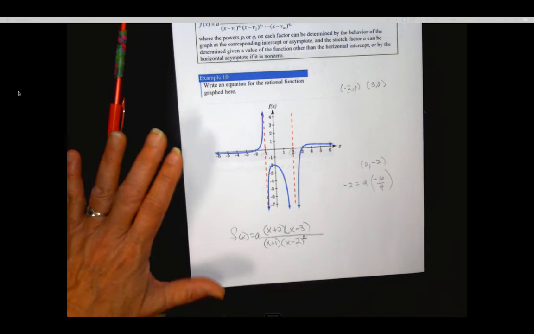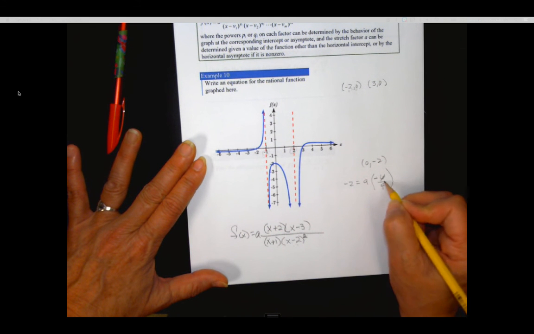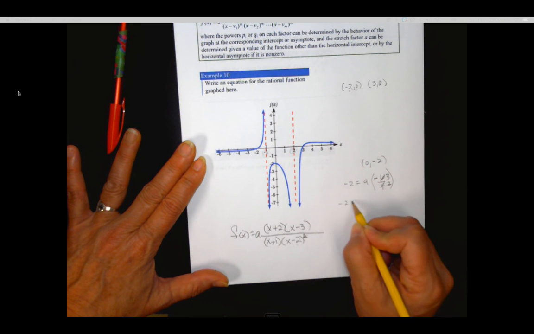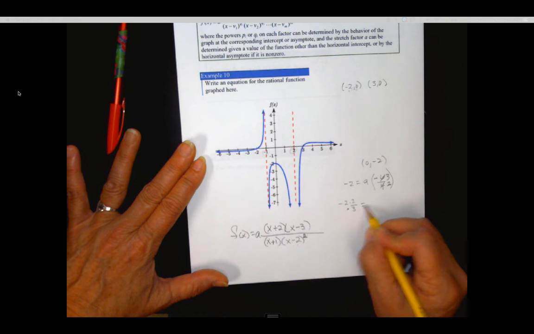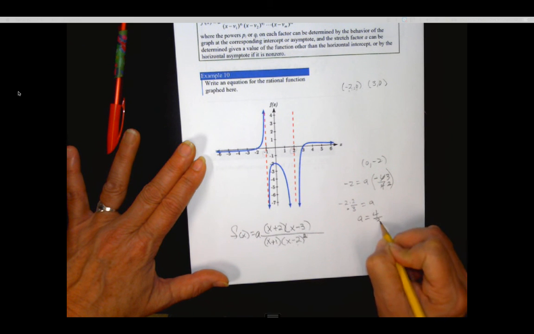Okay, now solve this for a. This reduces to -3/2, and then I multiply by the reciprocal, and it's negative. So I get that a is equal to -4/3.